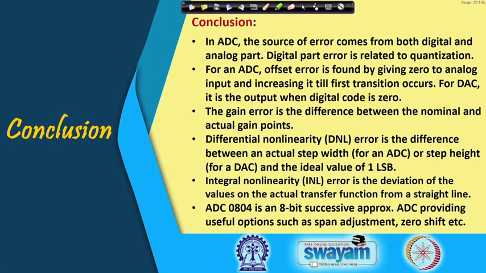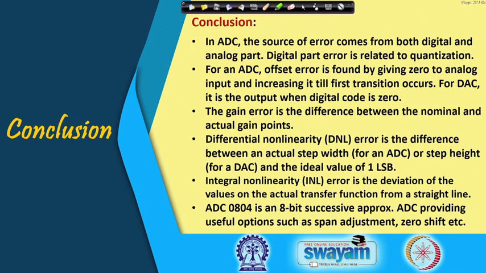DNL error is the difference between actual step width for an ADC and step height for a DAC and the ideal value for 1 LSB. INL error is the deviation of the values on the actual transfer function from a straight line, the ideal transfer function.